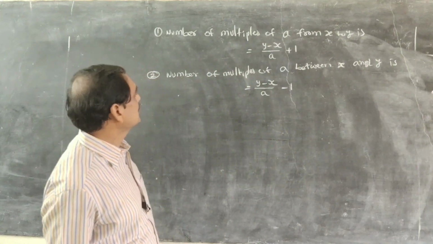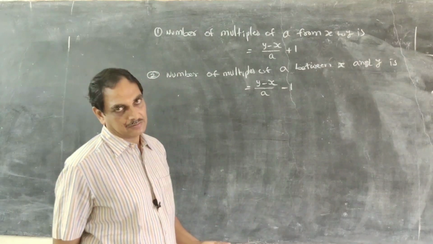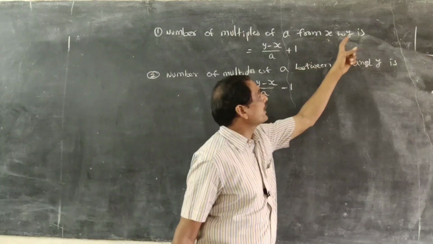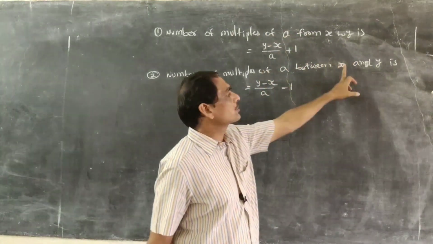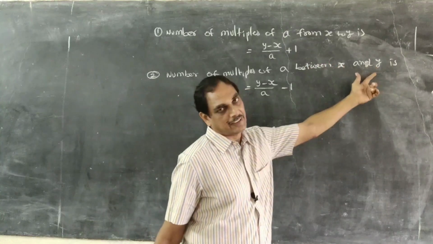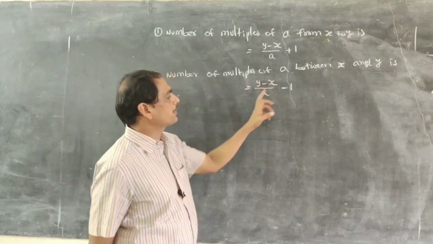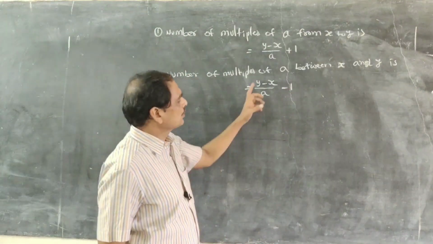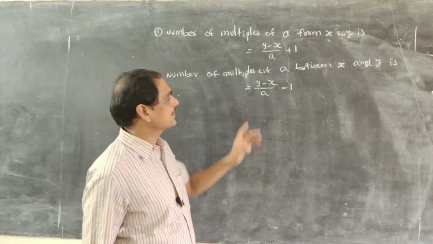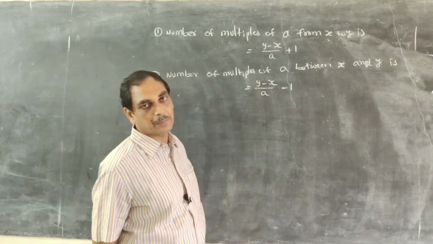In the second, between x and y means excluding x and y, so it is (y minus x) by A minus 1, where x is the smallest multiple of A and y is the greatest multiple of A.